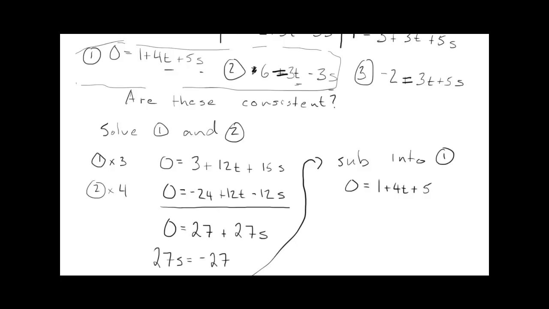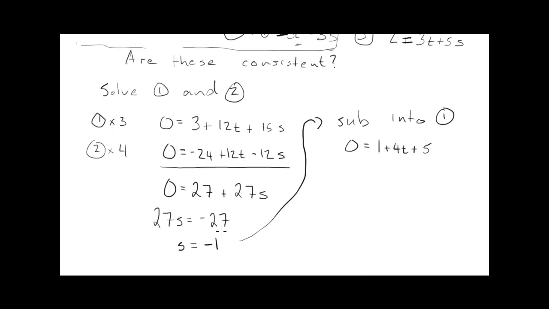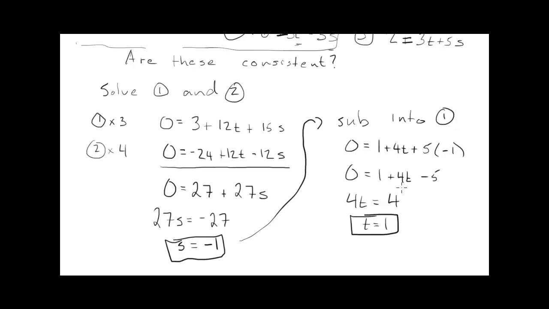Now s, recall, is negative 1. So let's just figure out what t is now. 0 equals 1 plus 4t minus 5. So 4t is equal to, what is that, 4? So t is equal to 1. So we have t equals 1 and s equals negative 1.